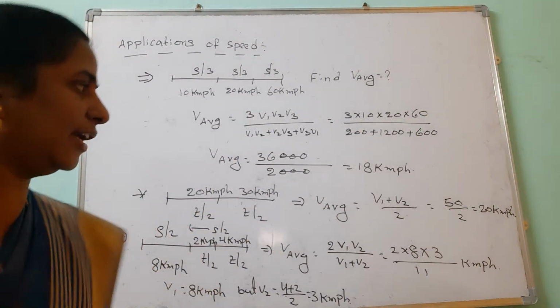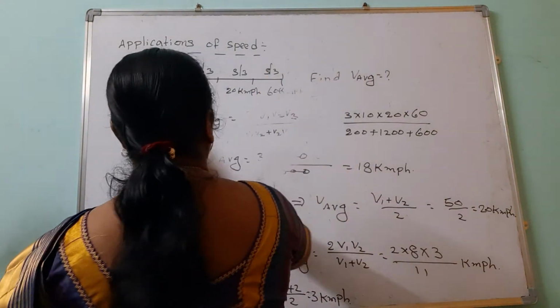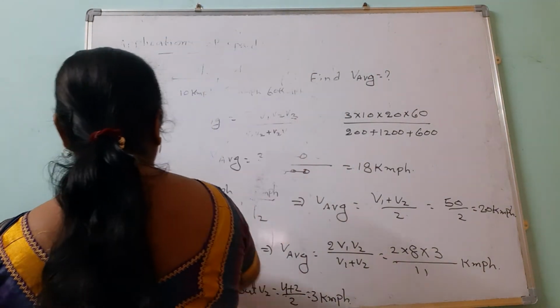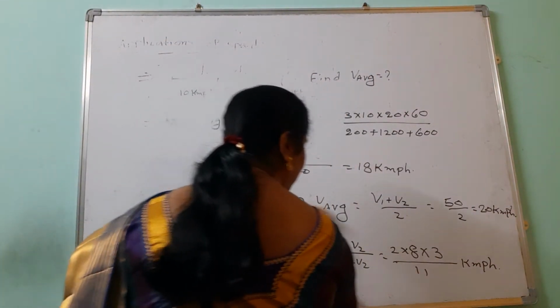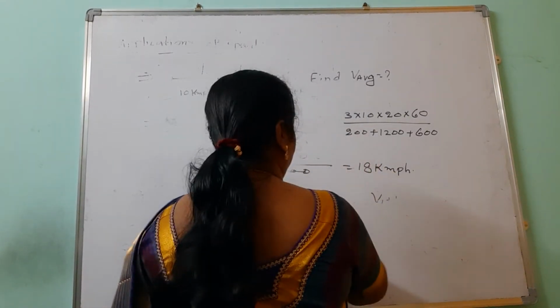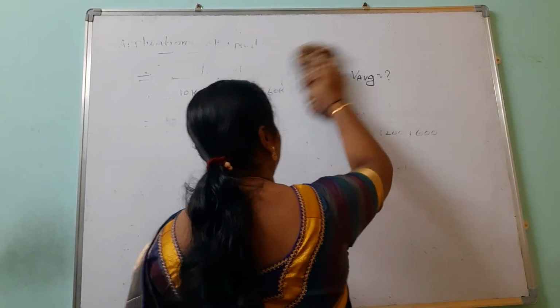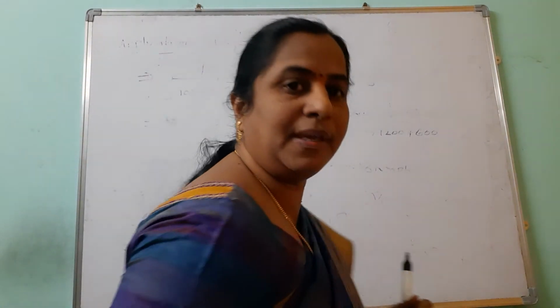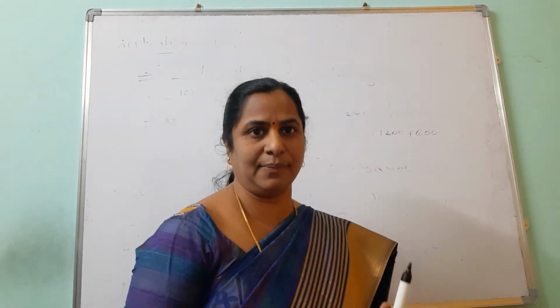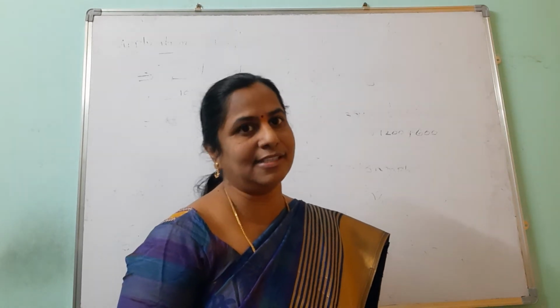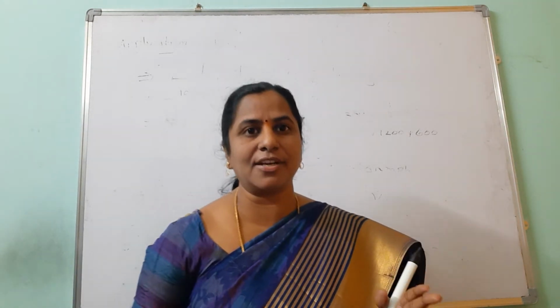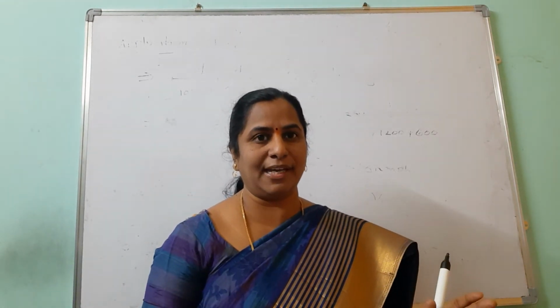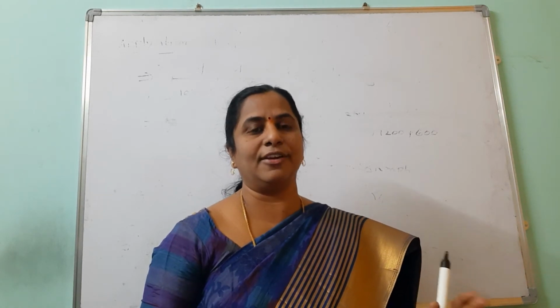Now we are going to discuss what instantaneous speed is. It is the speed at a particular instant of time. Speed at a particular instant of time is called instantaneous speed. Suppose you are riding your bike, and suddenly somebody calls, what is your speed?